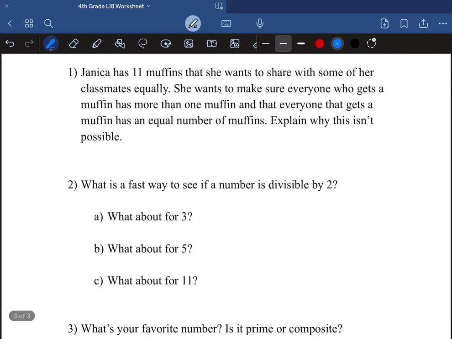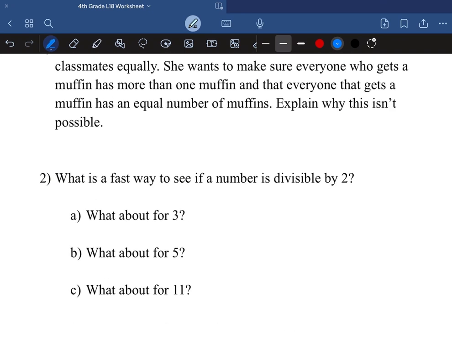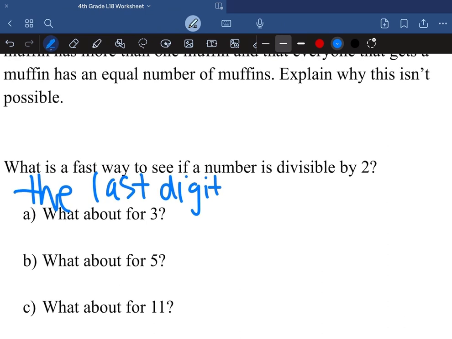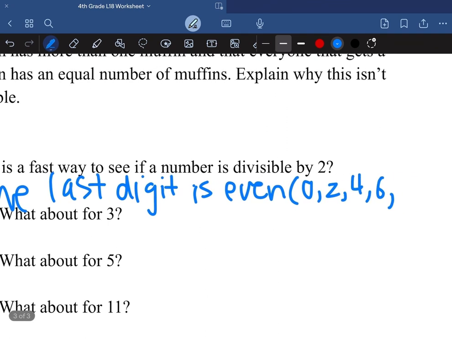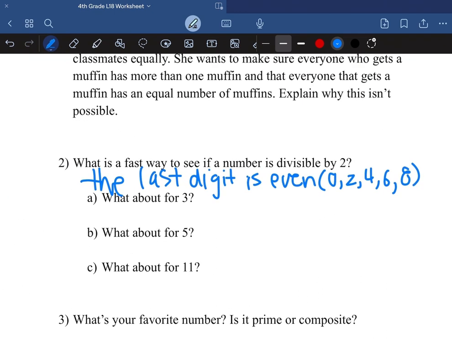Number 2, a fast way to see if a number is divisible by 2 is to see if the last digit is even. So 0, 2, 4, 6, or 8. If the last digit is any of those numbers, then the number is divisible by 2.